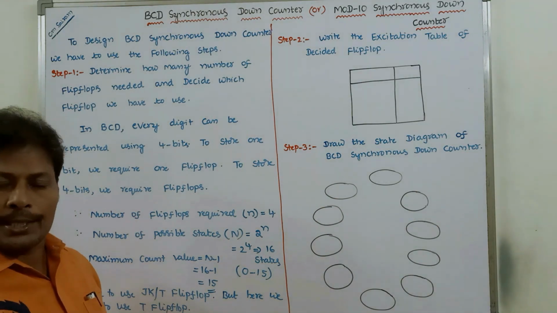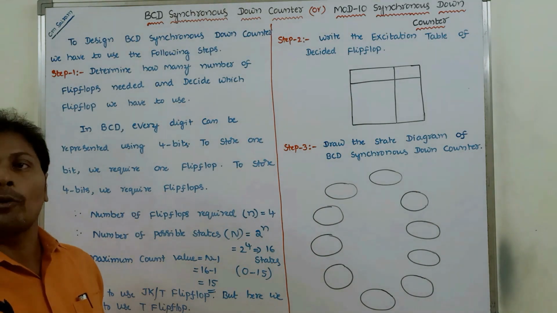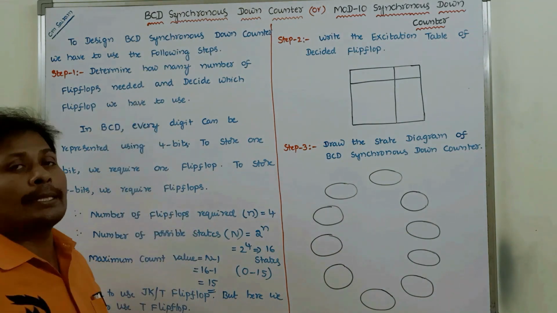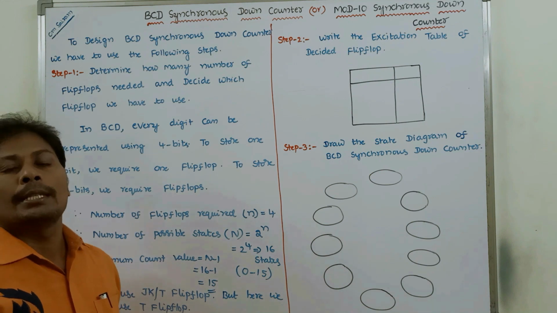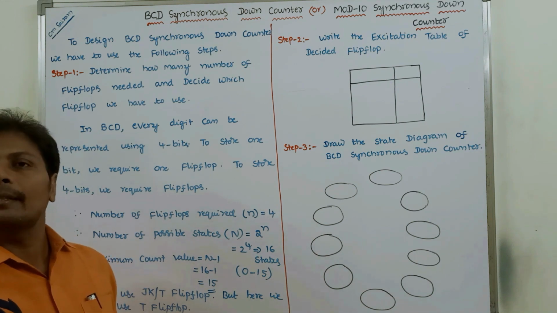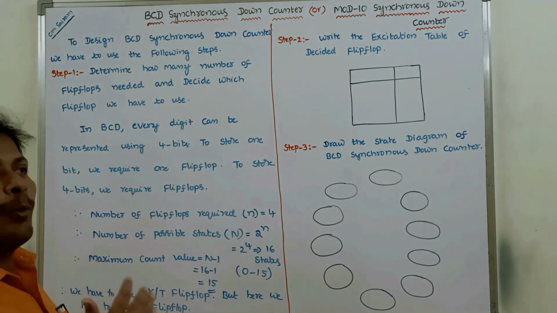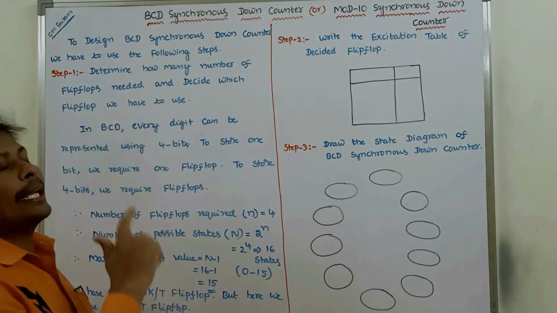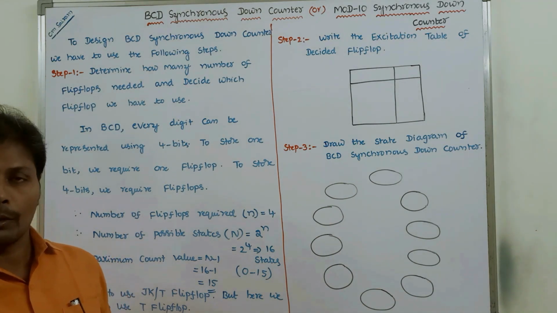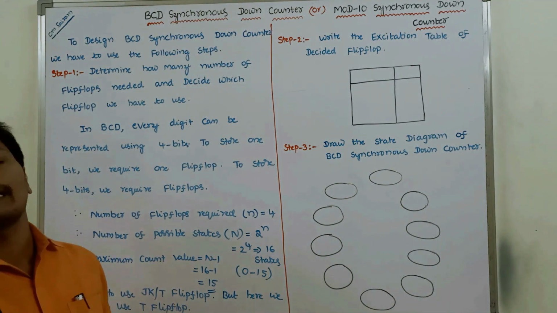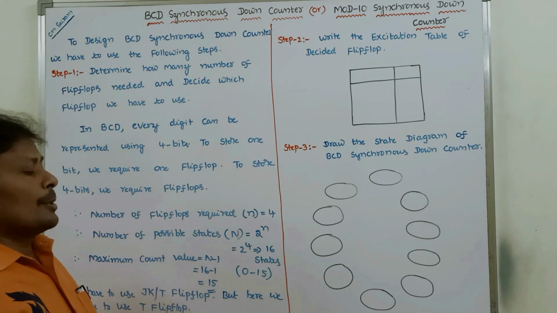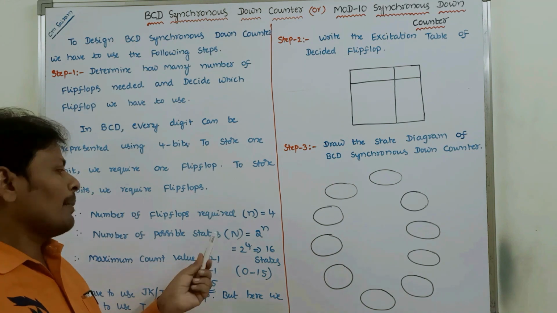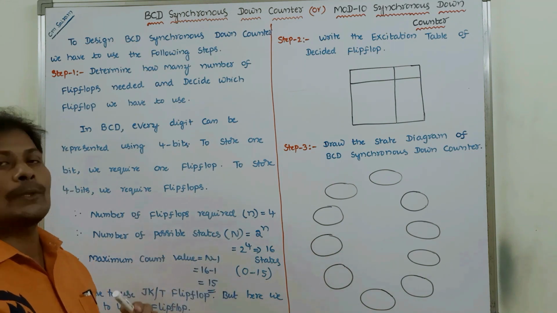In the first step, we have to know how many number of flip-flops are required to design BCD synchronous down counter. That can be denoted by small n, that is equal to 4. Next, we have to find out the possible number of states, that can be denoted by capital N, that is equal to 16.